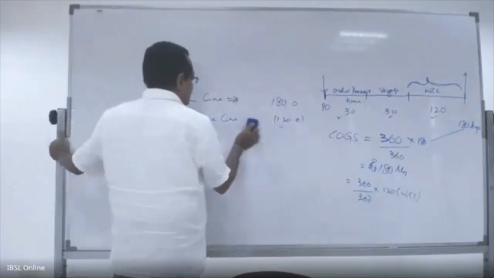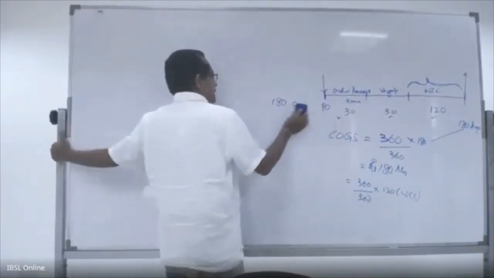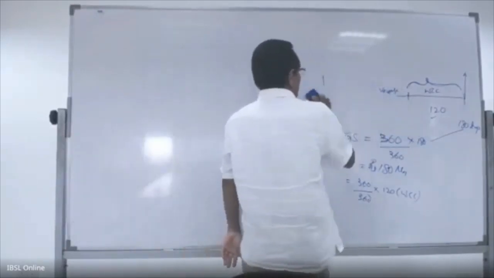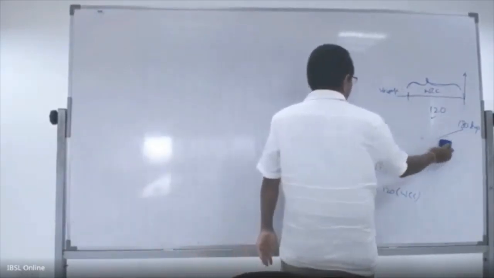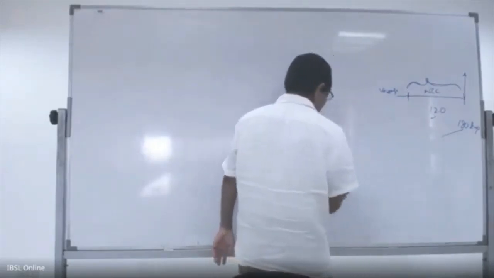Okay, right? We are talking about bank guarantees now. We have two types of guarantees. What is a guarantee? Guarantee is a contingent liability for the bank. It is an off-balance sheet, non-funded facility.